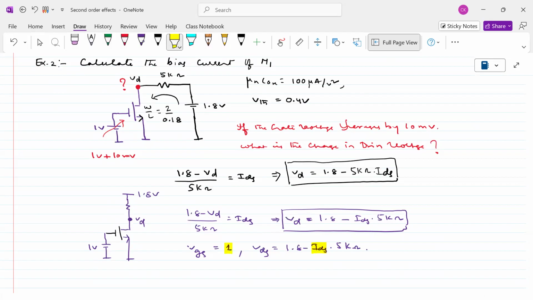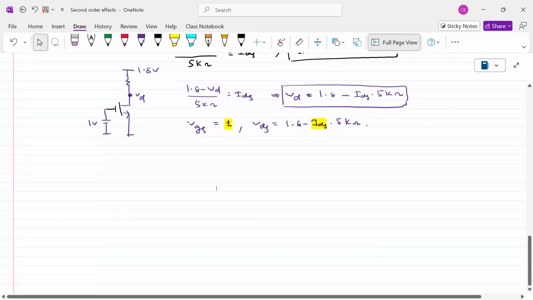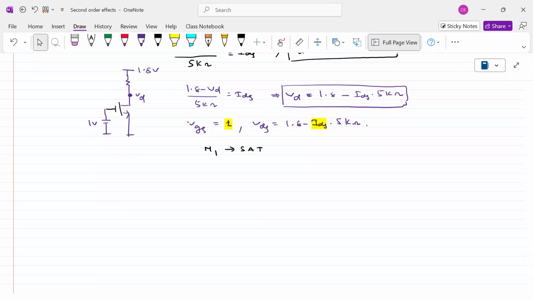Once you assume something and go on evaluating, we can check whether our assumption is correct or not. So let us assume that the MOSFET M1 is in saturation. What is the current equation then?